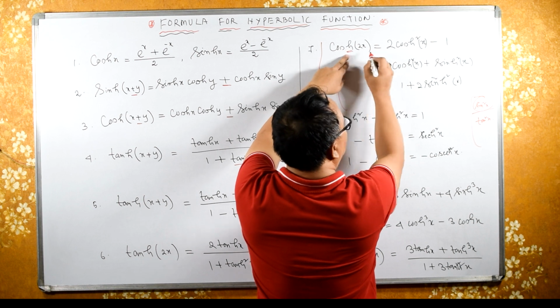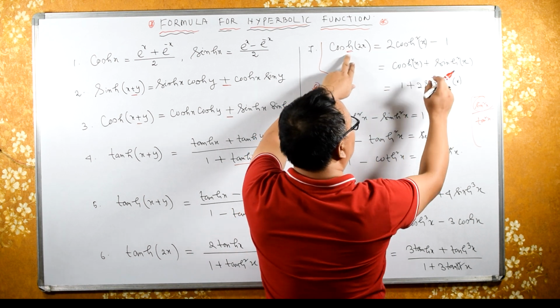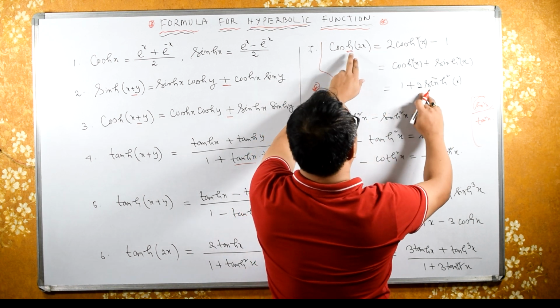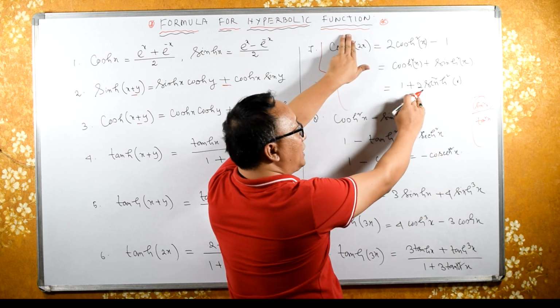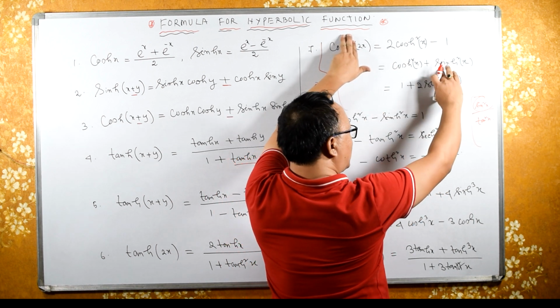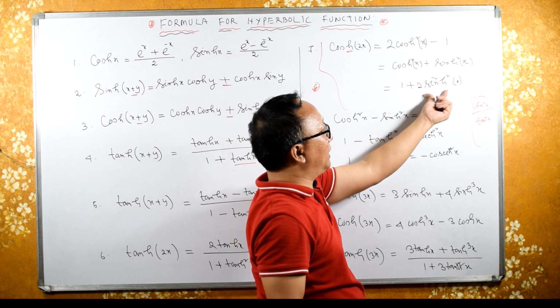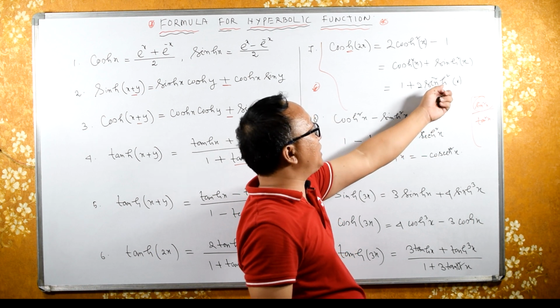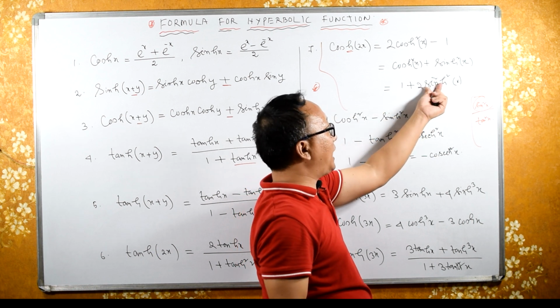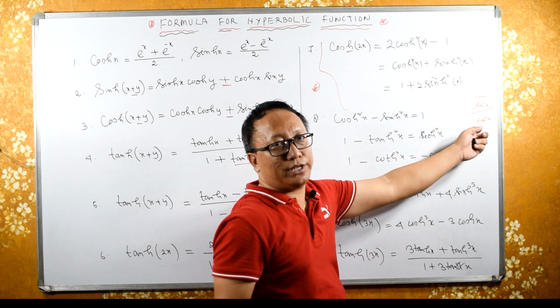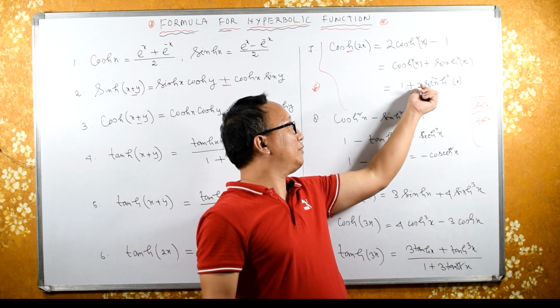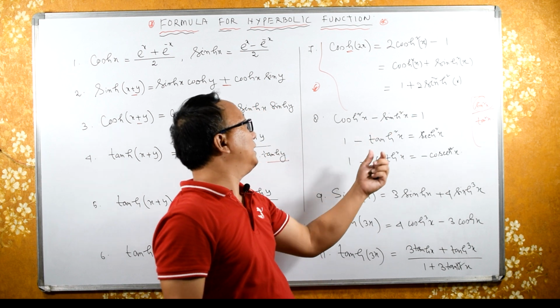Then before hyperbolic we have 1 minus 2 sin square x. Since it is hyperbolic, that minus has to be changed. Since sin and tan are involved, we need to change the sign of those terms. Therefore here also minus becomes plus.